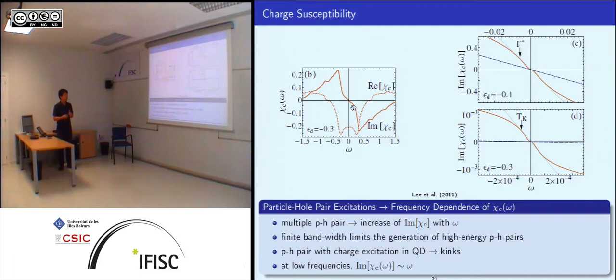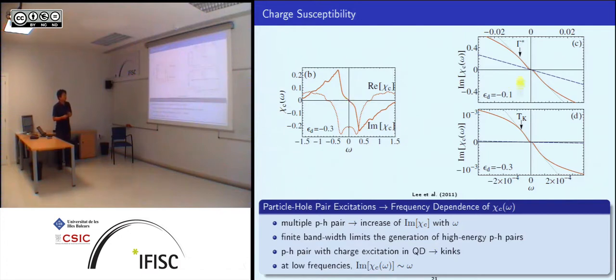So the imaginary part just increases in magnitude. But eventually it decreases. It's just because we have the finite bandwidth. The finite band will limit the energy of the particle-hole pair, so we cannot have a particle-hole pair whose energy is larger than the bandwidth. So we have some decrease. But this part is out of our concern. So just look at this part.